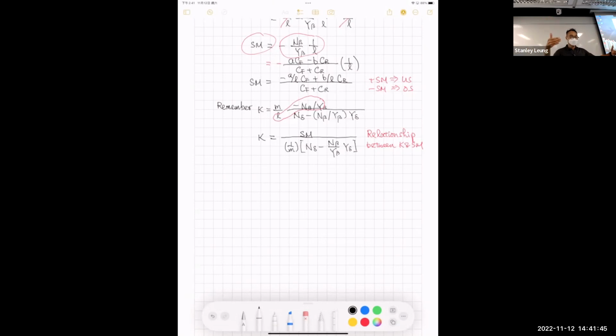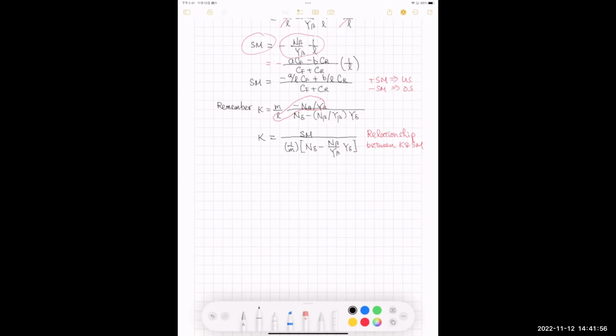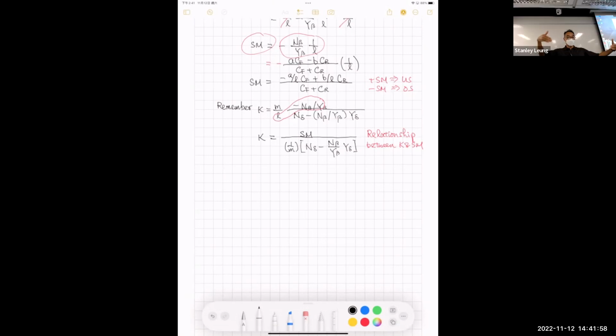You have some roll angle and camber angle in addition to those slip angles that you need to account for.